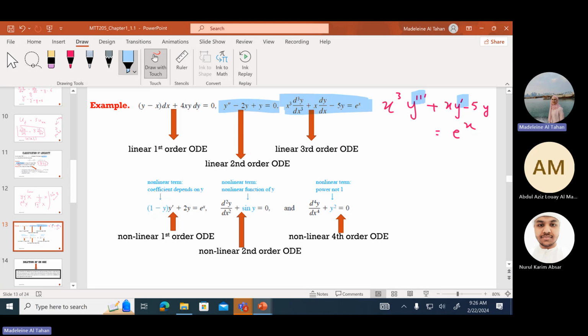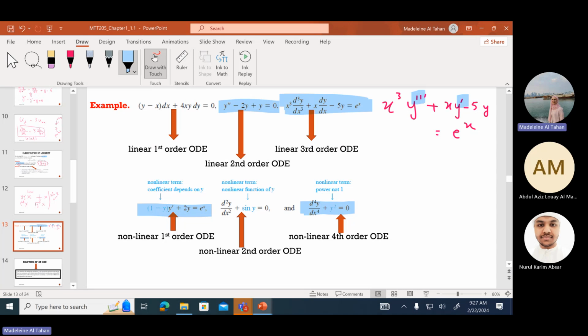Is it linear? Yes. This one is of order 4, but is it linear? Where's the problem with the linearity? Power. Exactly. This one, what's the order? 1, right? Is it linear?